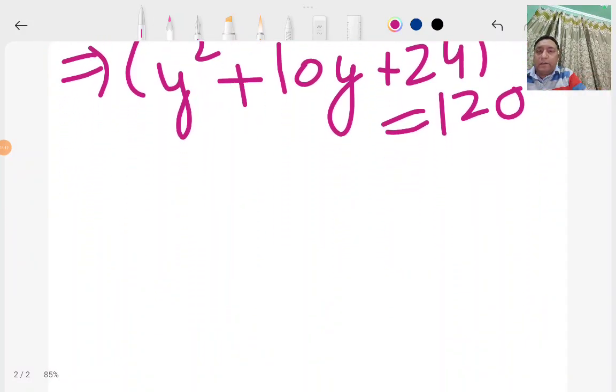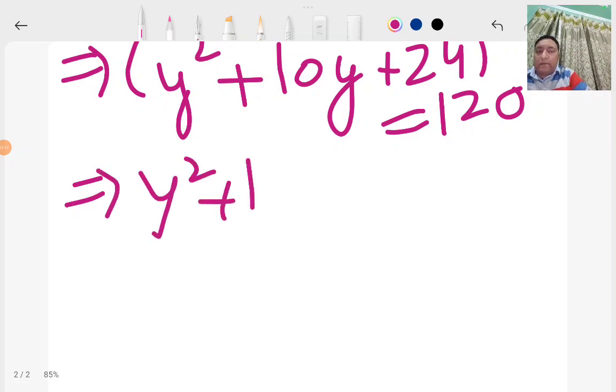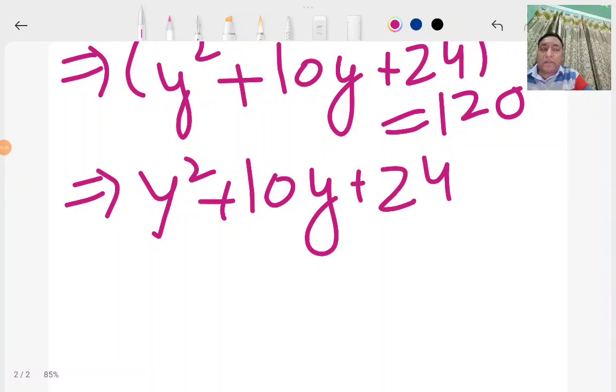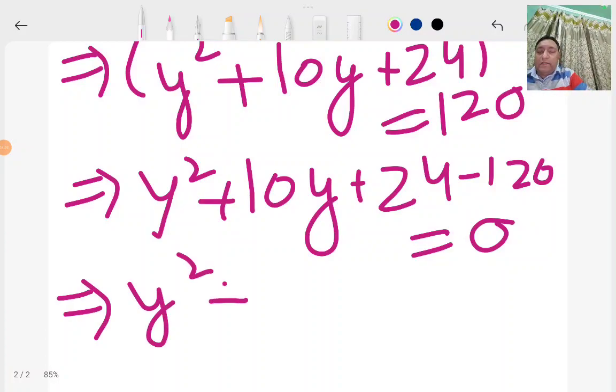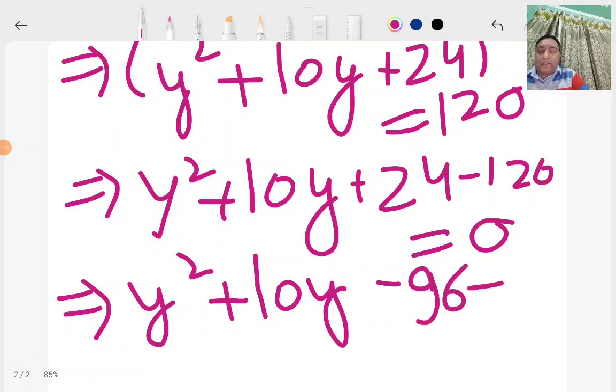Next, what is going to be done? Y square plus 10y plus 24. Make sure this 120 is positive on the RHS side. When we shift it to the LHS side, it is going to become negative. We put 0 on the RHS side as there is nothing left. Now after solving this, we get minus 96.